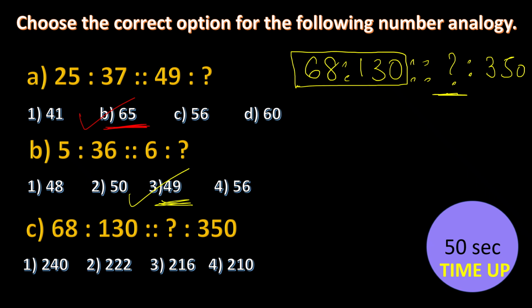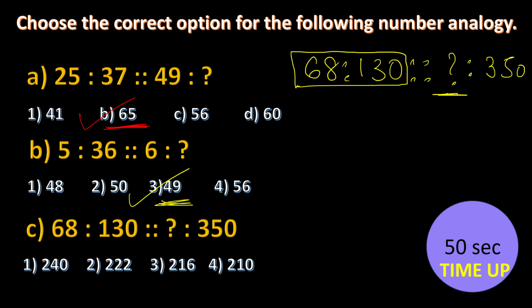Cubes. So, is it nearer to some cube? Yes. 4 cube is 64, so 64 plus 4 will give you 68. Then 5 cube is 125, plus 5 you'll get 130. So that's the logic.